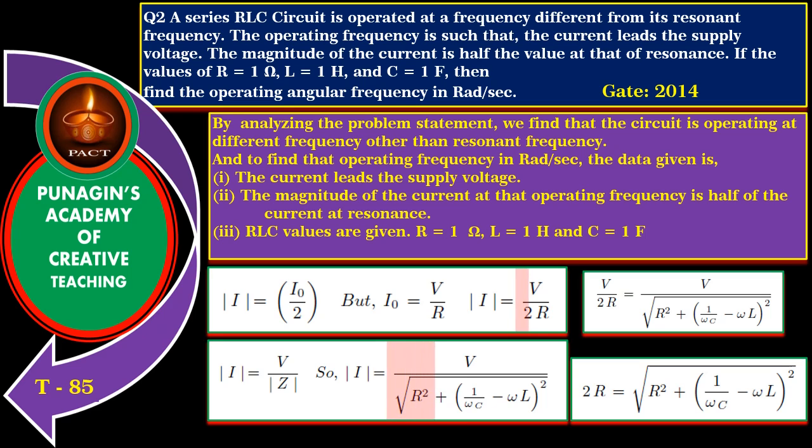By equating the right hand sides of the two equations, we get V divided by 2R is equal to V divided by square root of R square plus 1 upon omega C minus omega L whole square.